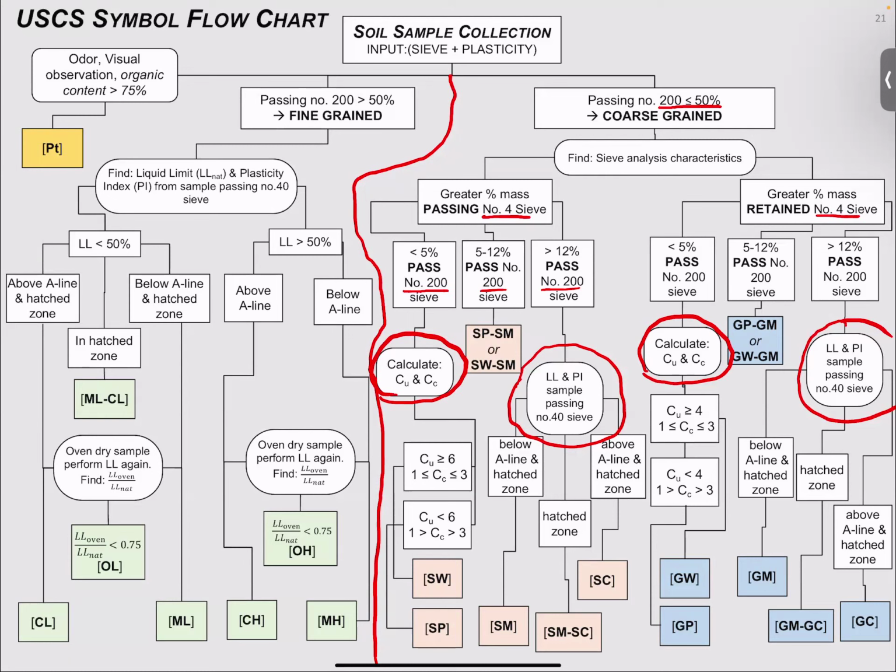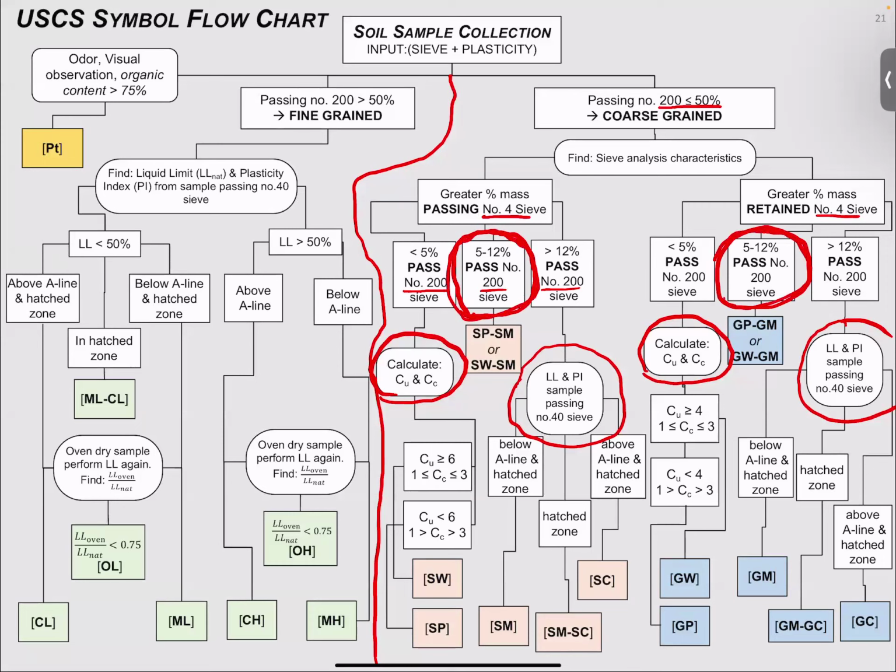And if we have between 5 and 12%, then what we call this is like a group kind of thing. We call it SP-SM or GP-GM, and this is kind of like a middle ground of classification. The reason why I want to highlight this right here is that these are kind of like the default in geotechnical engineering.